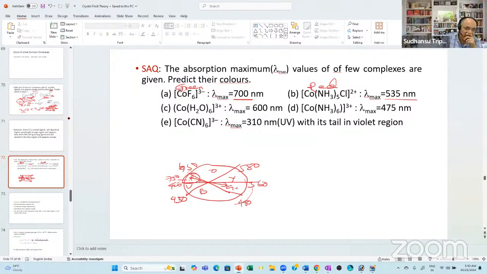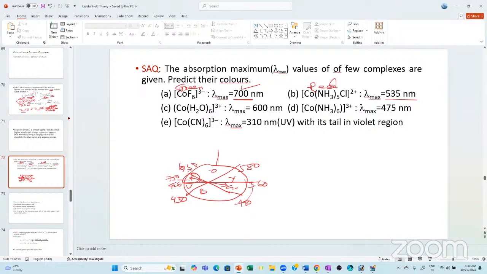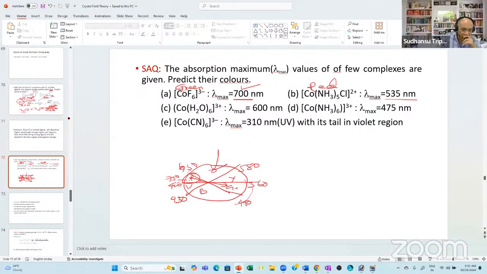So Delta is a little bit larger because water is there. Not as large as chlorido, but 600. So 600 falls in which region? Orange. So how does the complex look? Blue.